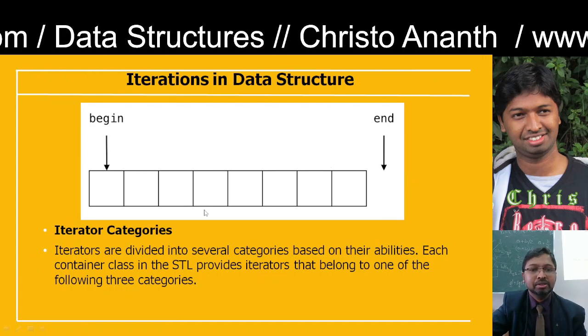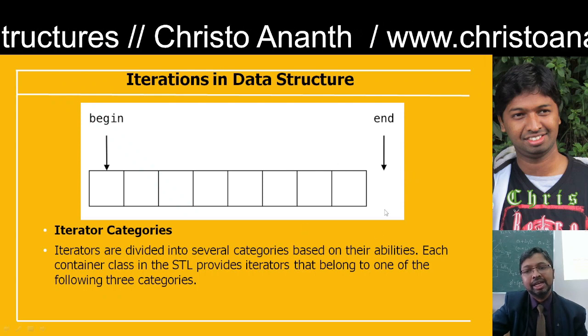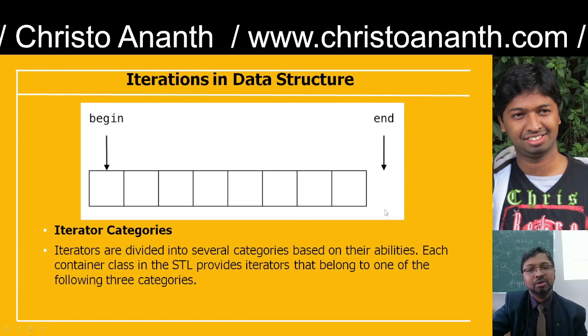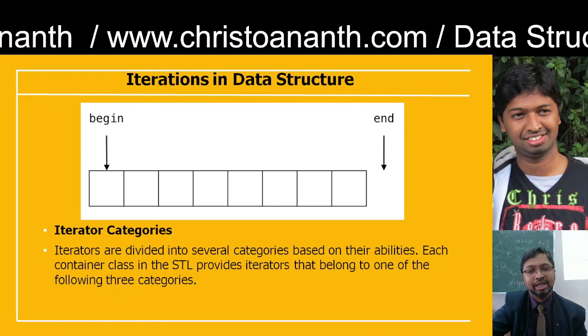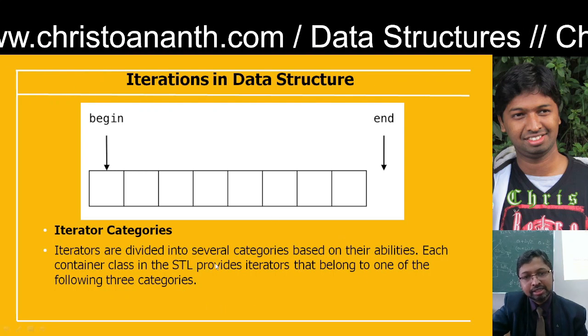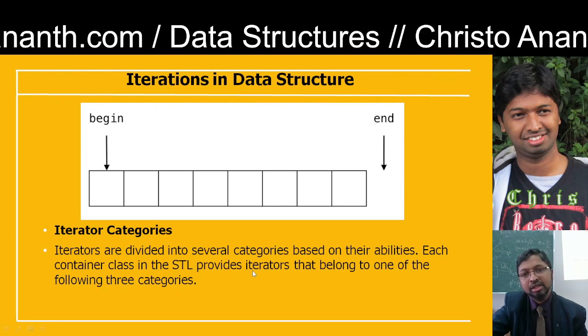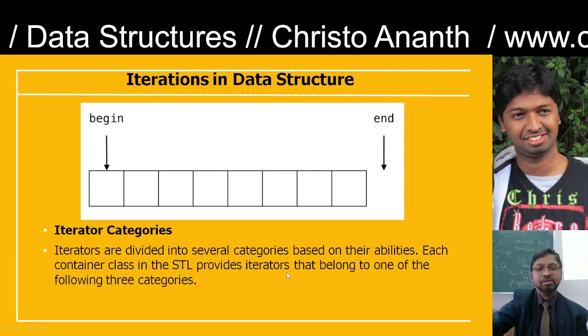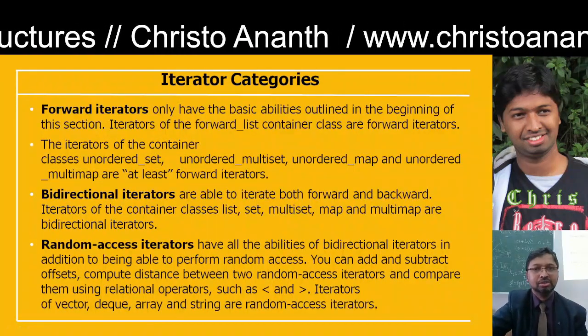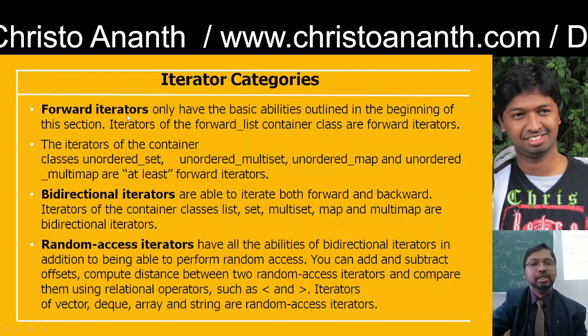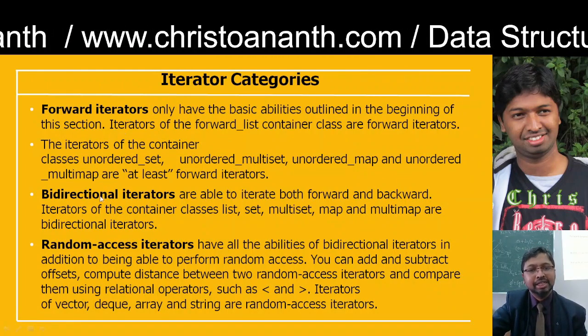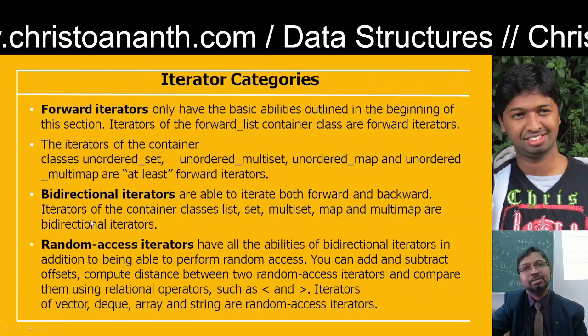Here the iterators are categorized based on their abilities. The standard library, STL, provides iterators that belong to each of the following three categories: forward iterators, bidirectional iterators, and random access iterators.